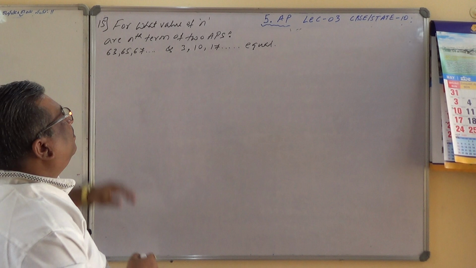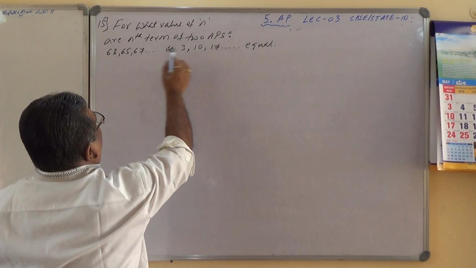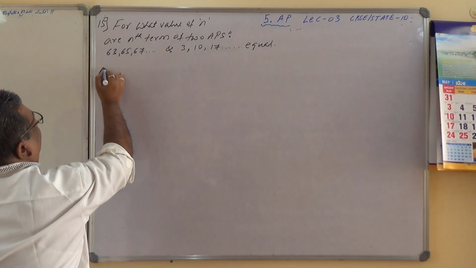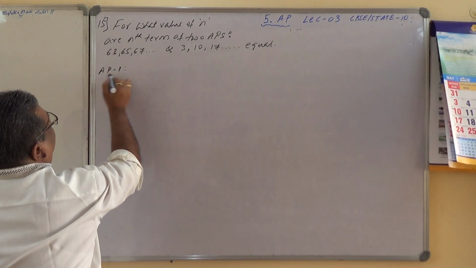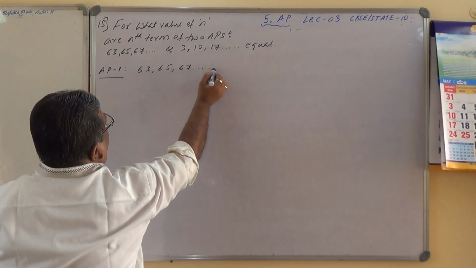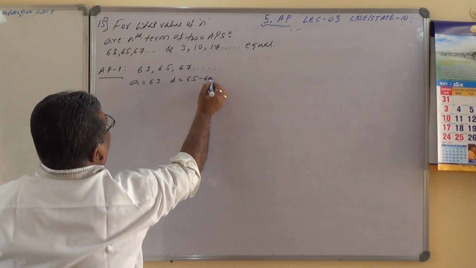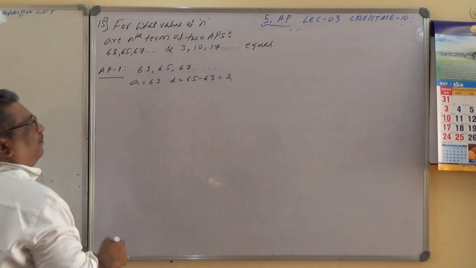Mark it. For what value of n are the nth terms of two APs equal? So what is AP1? 63, 65, 67, and so on. A equals 63, D equals 65 minus 63, which is 2.